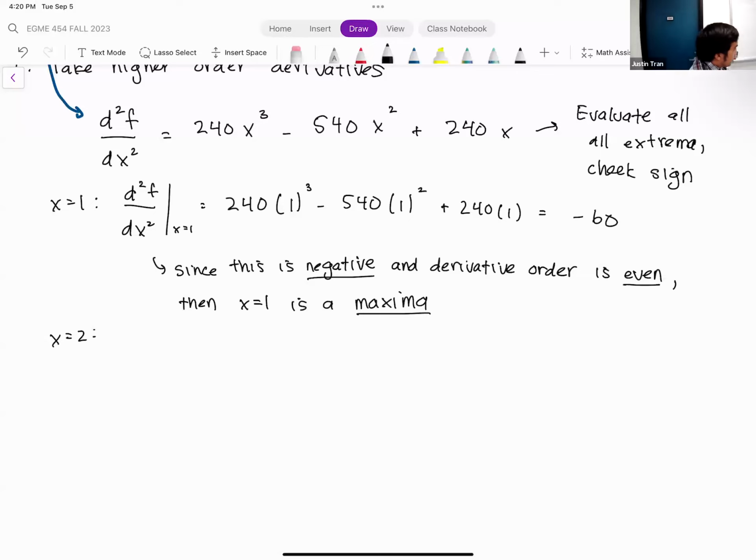Okay, so let's check x is equal to 2. We're going to plug 2 into our second order derivative above. So we have d squared f over dx squared evaluated at x is equal to 2. What this gives us is 240 times 2 cubed, minus 540 times 2 squared, plus 240 times 2.